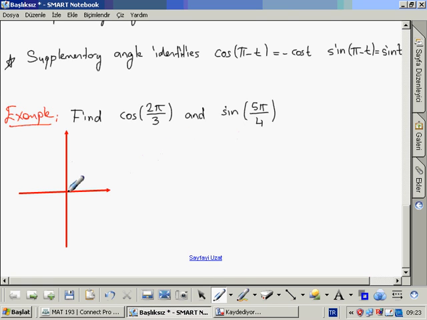Let's think of our unit circle, whose radius is 1.